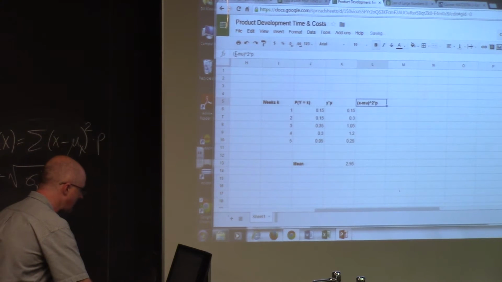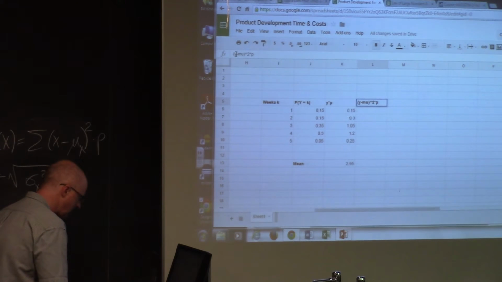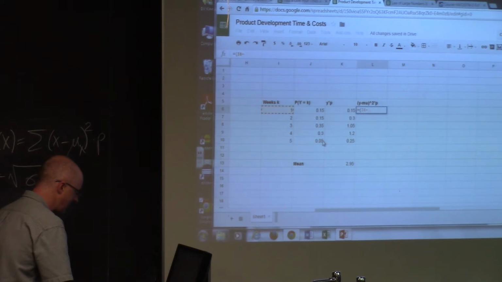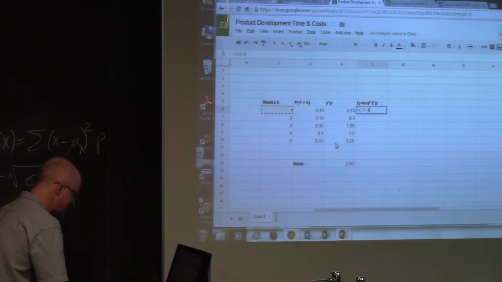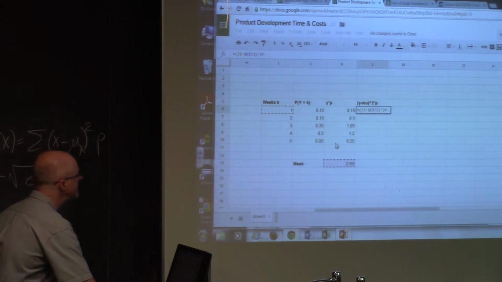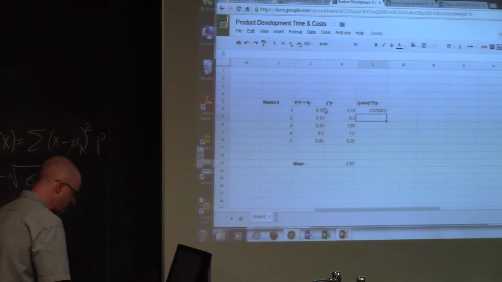And this is y minus mu times p, y minus mu squared times p. Same kind of formula. The y values themselves are over in the K column, minus the mean, which is in this case K13, use dollar signs, times the p, the probability is in column J. I'll just make these bigger here for you.